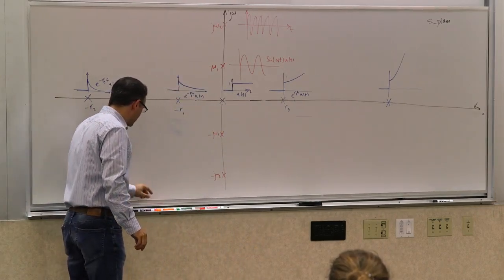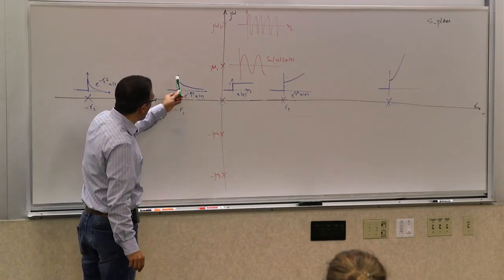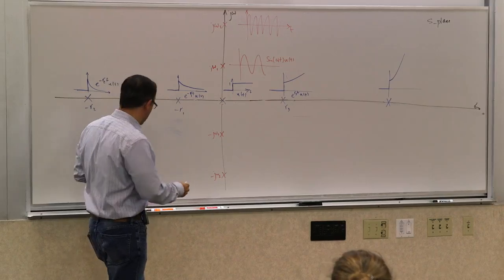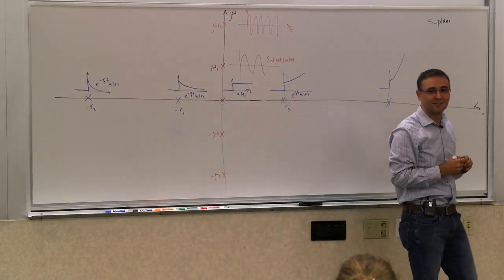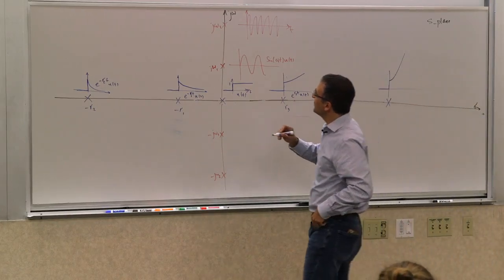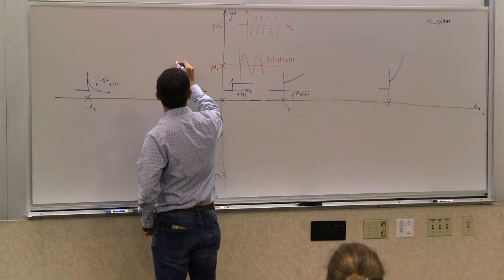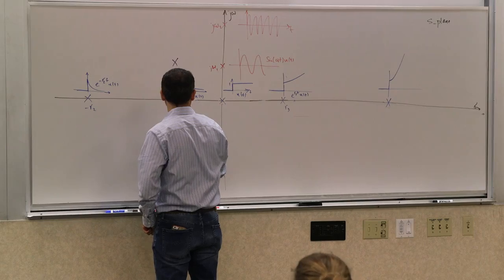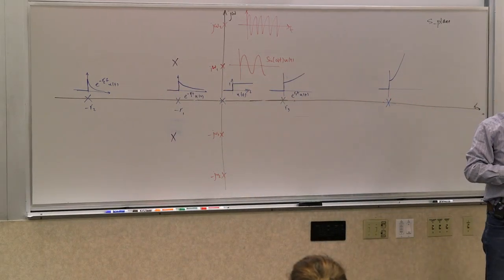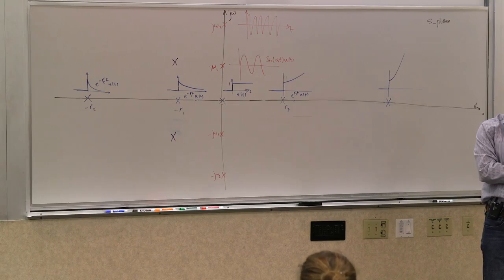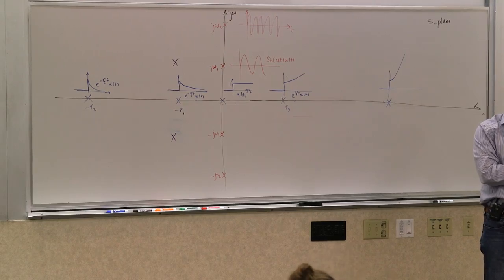Anyway, what are the other things? The other things are things that can happen anywhere else other than the two axes. So what would I get if I have a pair of poles here? That's my system. What is the impulse response of that?